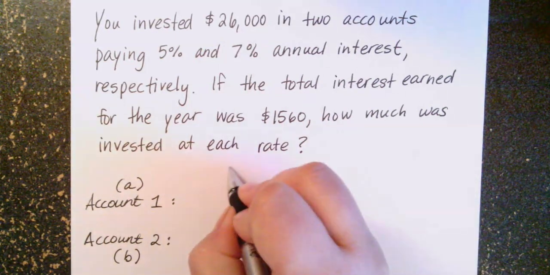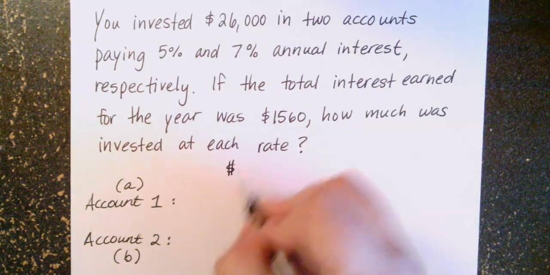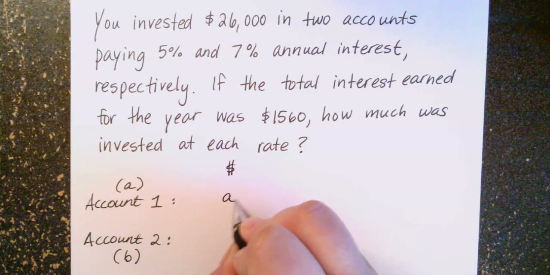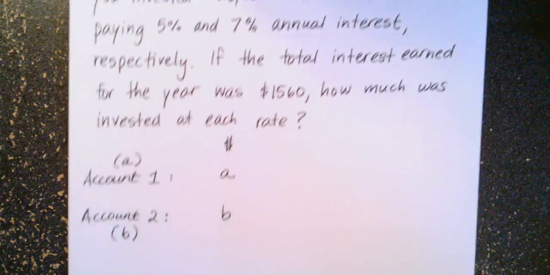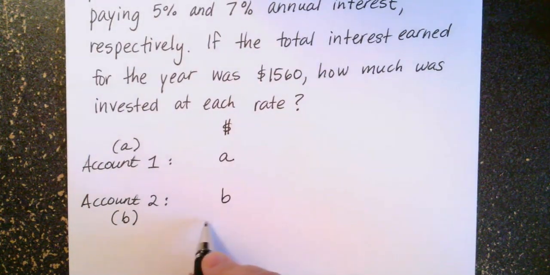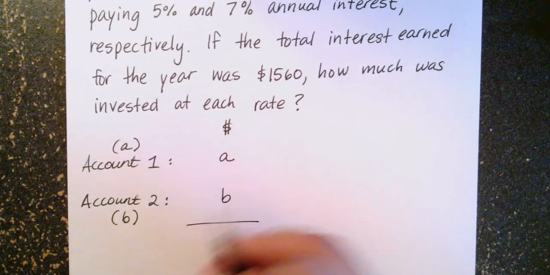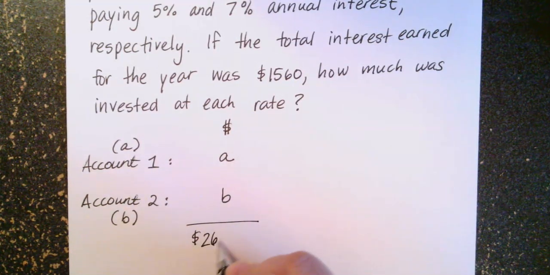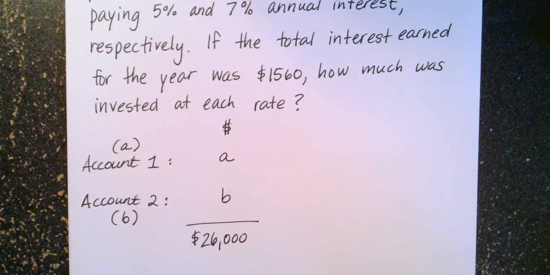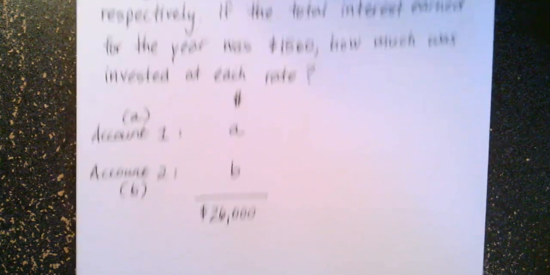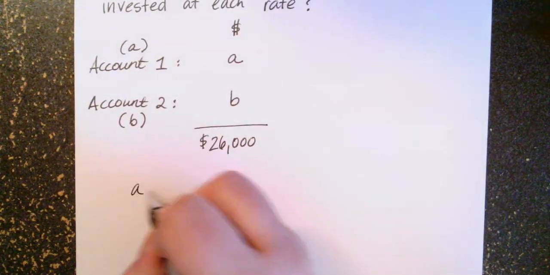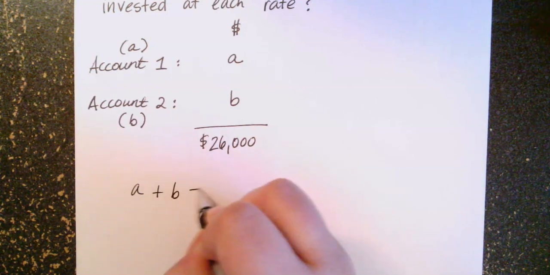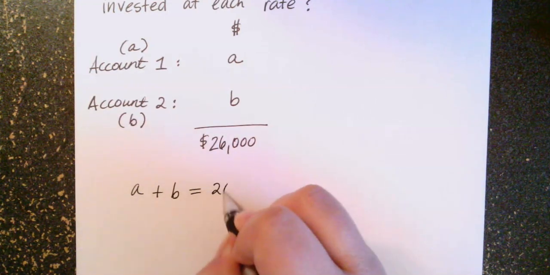So if A is the amount of money for account 1 and B the amount for account 2, then the grand total of those two comes to $26,000. So I'm going to write an equation out of that: A plus B equals $26,000. That's my first equation.